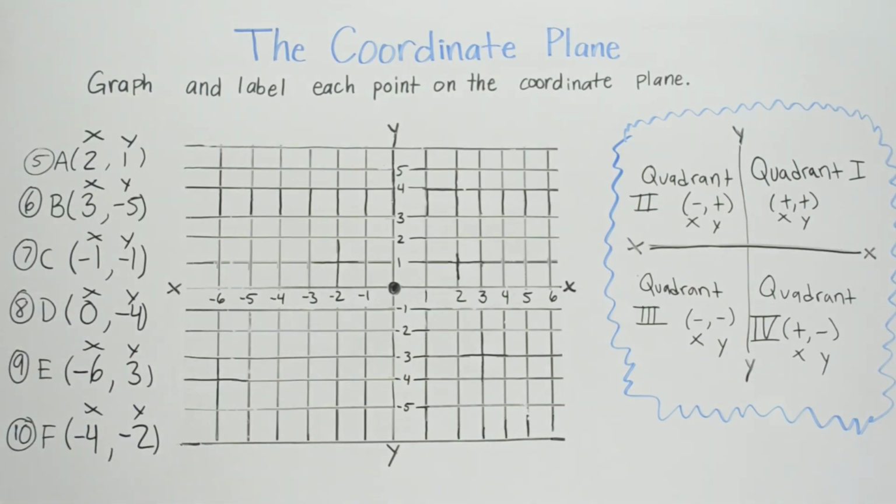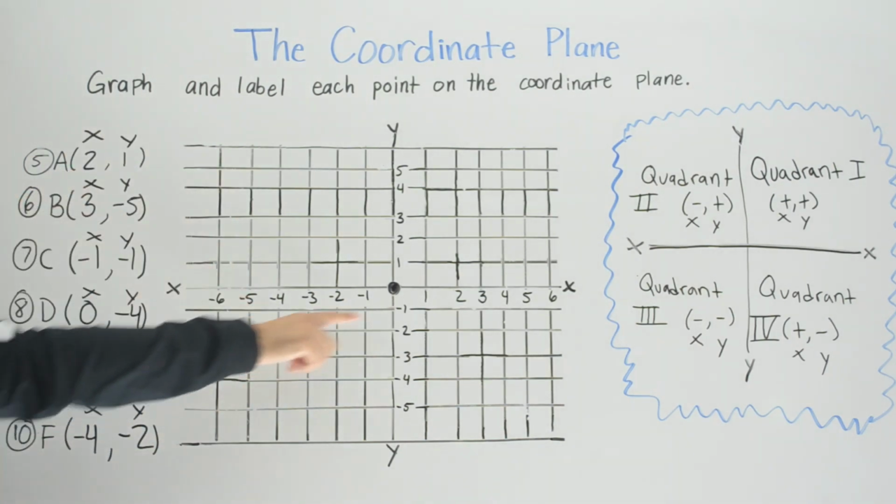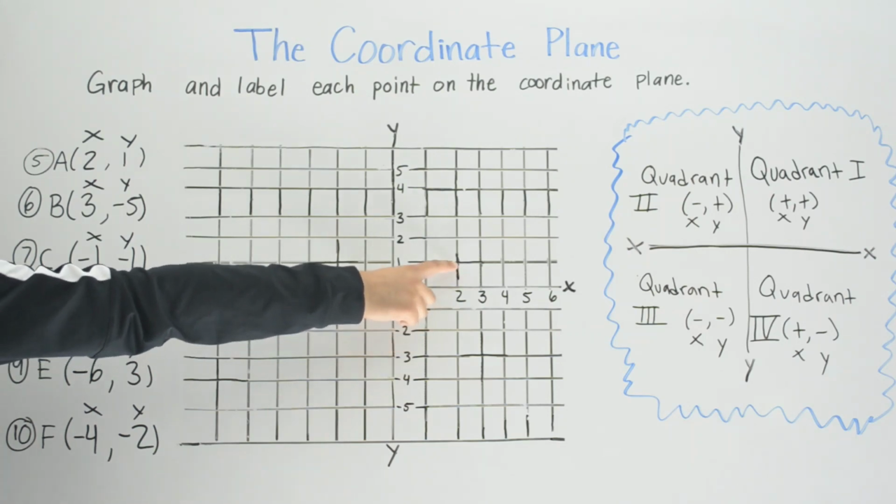In our next examples, we're going to be working on graphing and labeling each point on the coordinate plane. So for number 5, we have A with X as 2, and our Y is going to be 1. So we go to the graph and look for 2, which is here. We look at our Y, which is 1, and we go up 1.